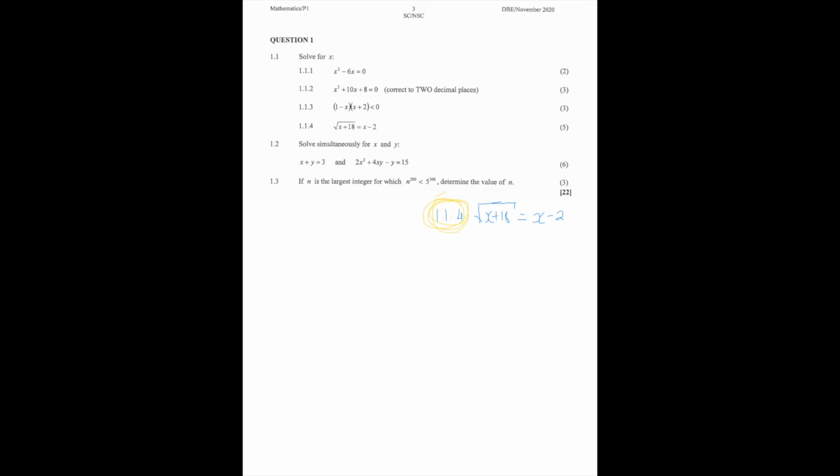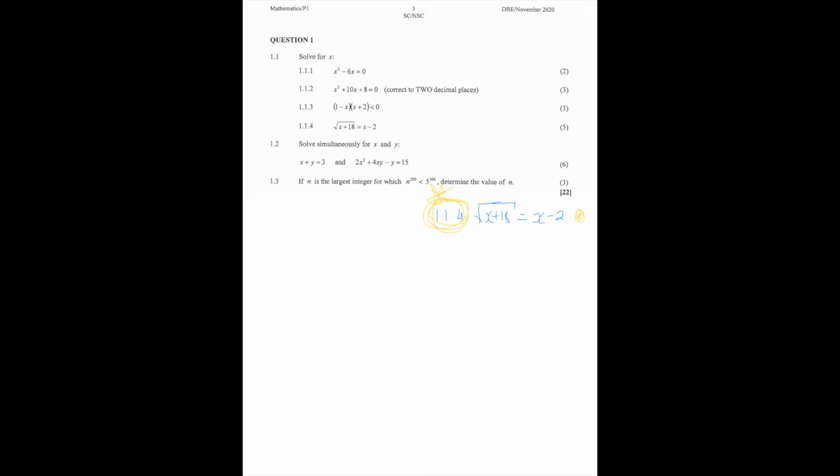So what this means is that whatever values of x that we get, we need to plug them back into this equation to see whether the left hand side and the right hand side of the equation are satisfied. And this is because we have the square root sign, and so the sign in front of the value given as an answer for x will have an impact in terms of whether the left hand side and the right hand side are equal.